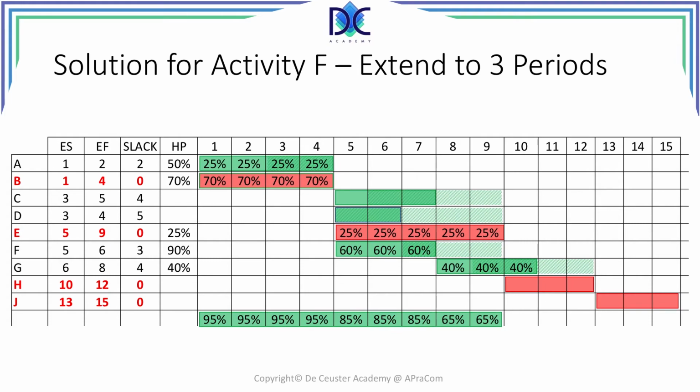When we extend the activity with one unit from 2 to 3 periods, the periodical commitment of Harry Potter is equal to 180 divided by 3, which is 60%.